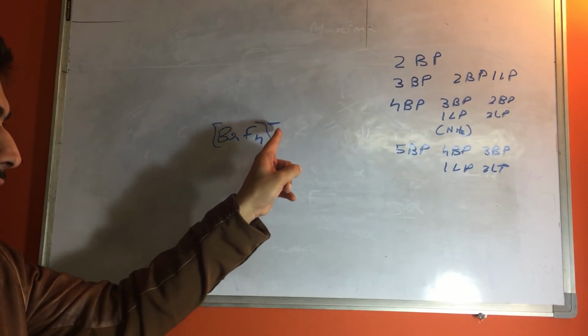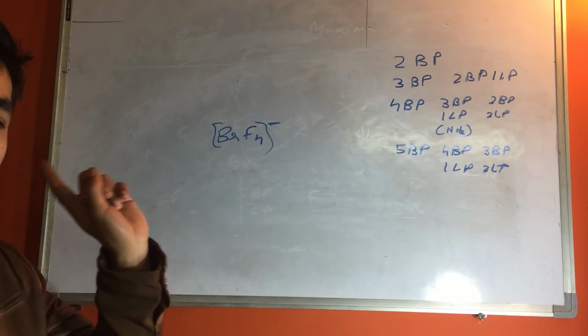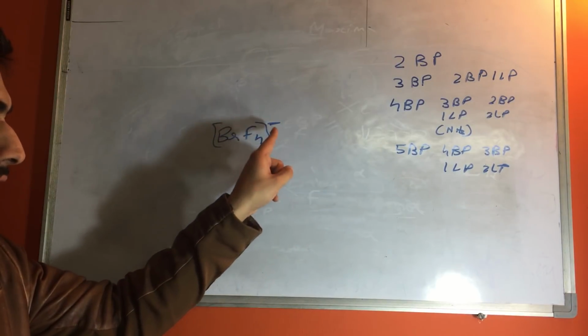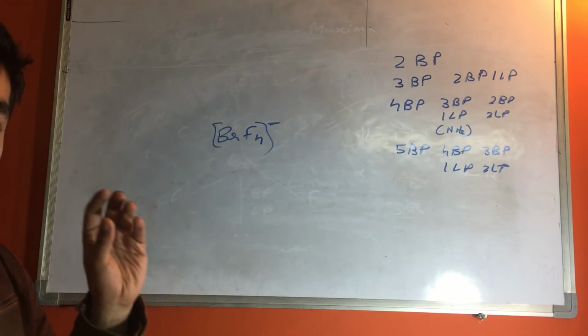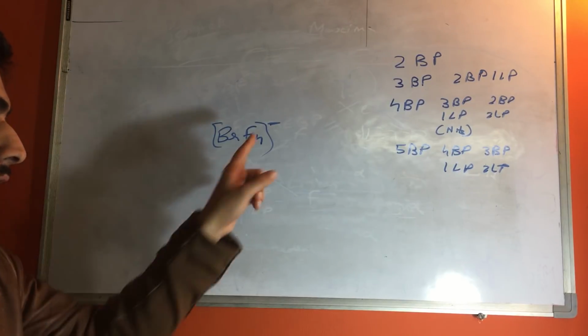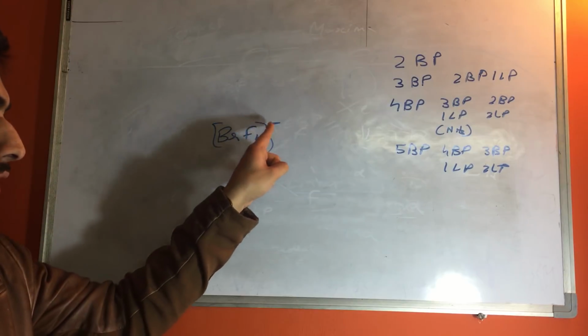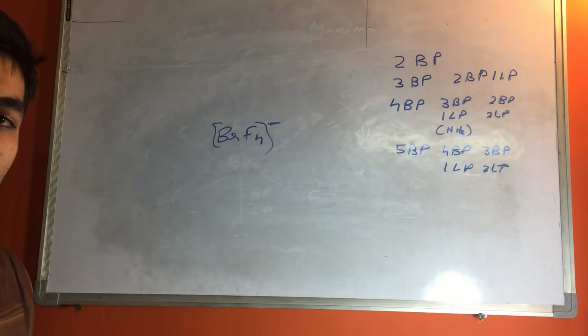If there's a negative charge, you add 1 electron to the central atom. If there's a positive charge, you subtract 1 electron from the central atom.